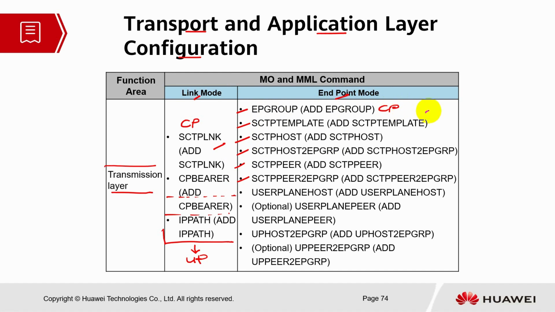So this is control plane. SCTP host will be your eNodeB local IP, and SCTP peer belongs to MME IP, and we have to bind them with endpoint group. Endpoint group is to bind the host and the peer.